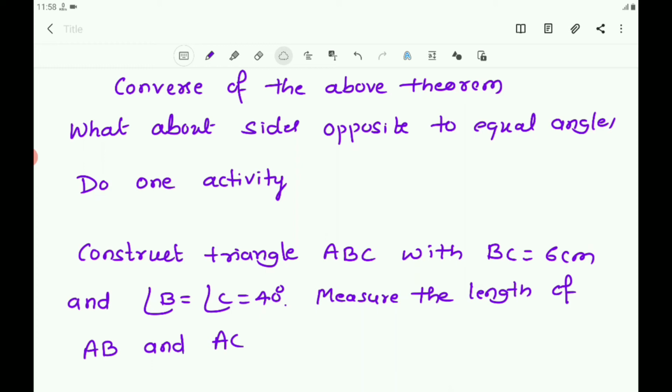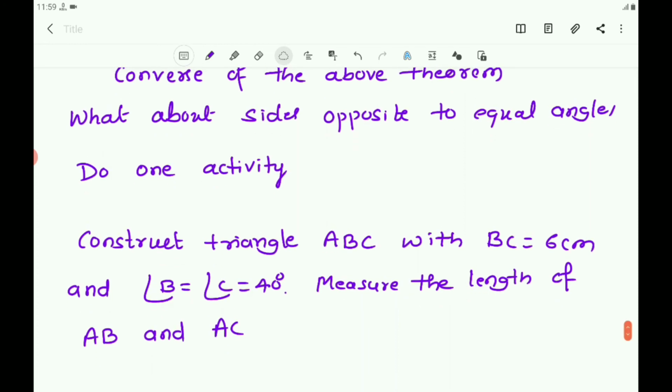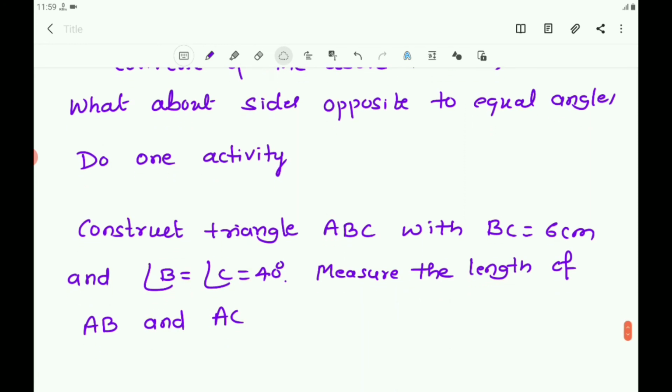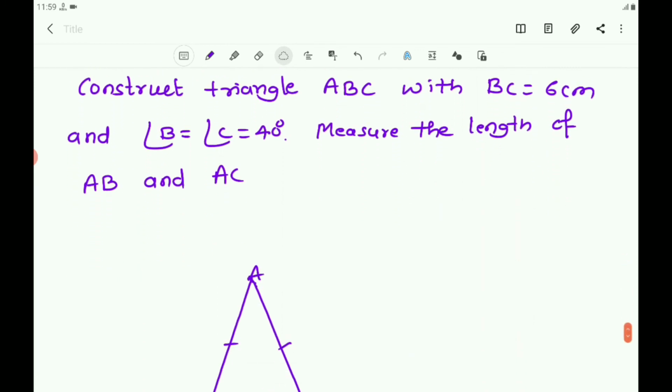Repeat this activity with some more triangles. Each time we will observe that the sides opposite to equal angles are equal. Therefore, we can say that the sides opposite to equal angles of a triangle are equal.